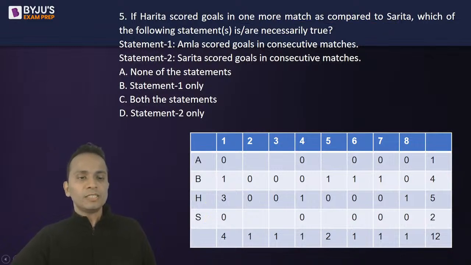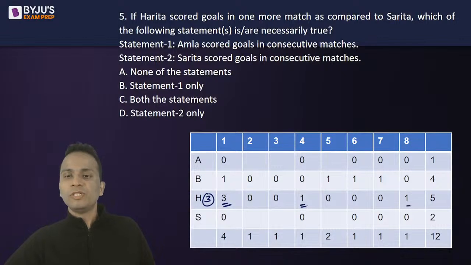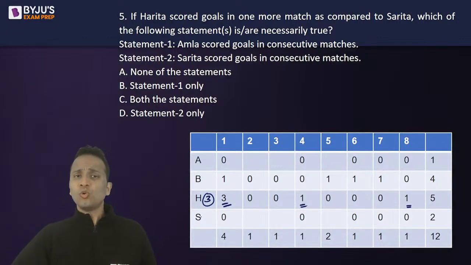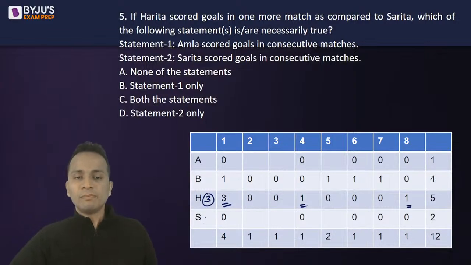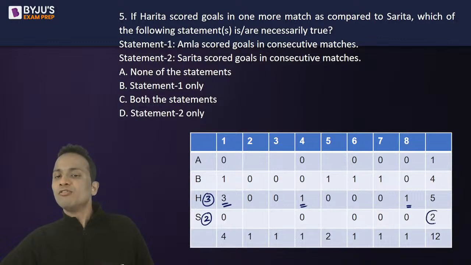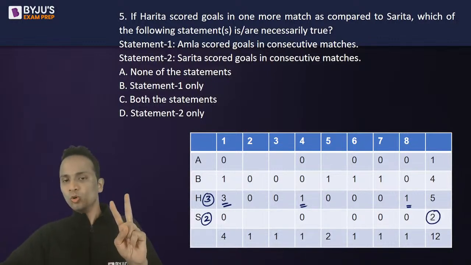So the number of matches in which Harita has scored is 3: 1, 2, 3. If Harita scored goals in one more match as compared to Sarita, that means Sarita will score in 2 matches. That means Sarita will score 2 goals.